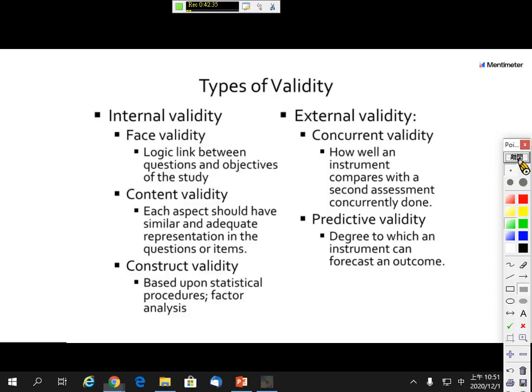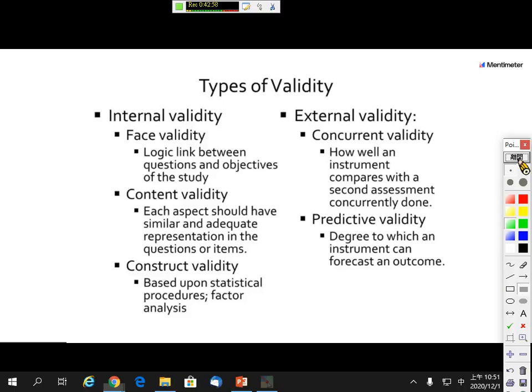First, let's look at the differences between internal validity and external validity. Let's look at external validity first. External validity is something we, as researchers, have no guarantee of when we conduct our study.